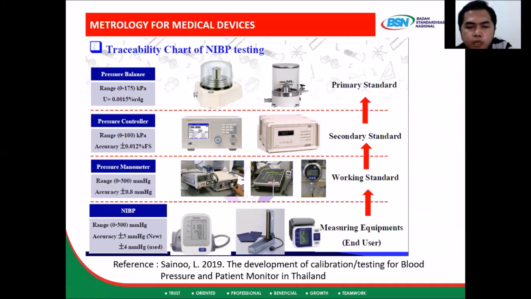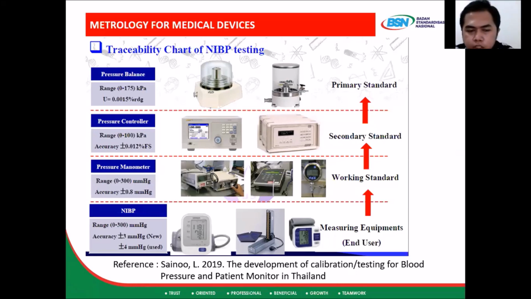In the manual one, we can adjust the pressure, how much pressure we give: 0, 30 millimeters of mercury, 60, 90. However, for the automated one, this is difficult because the software in the automated NIBP has already performed the algorithm to automatically increase and then decrease the pressure to measure the blood pressure reading.